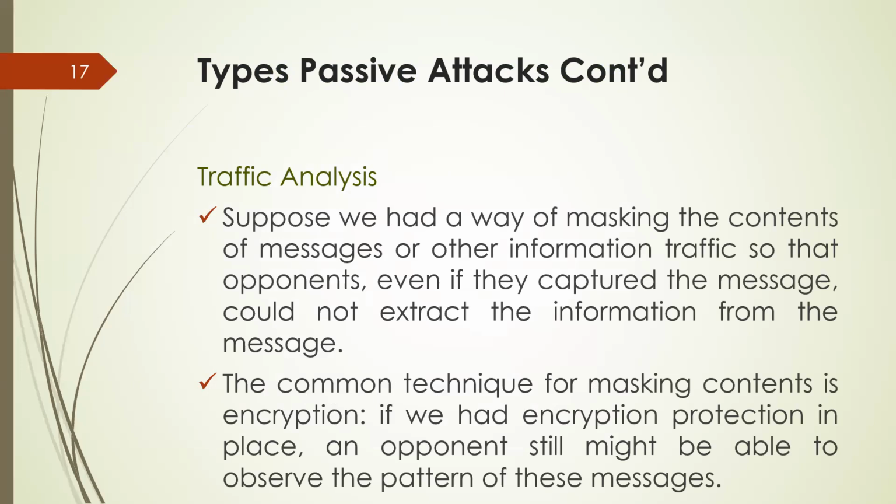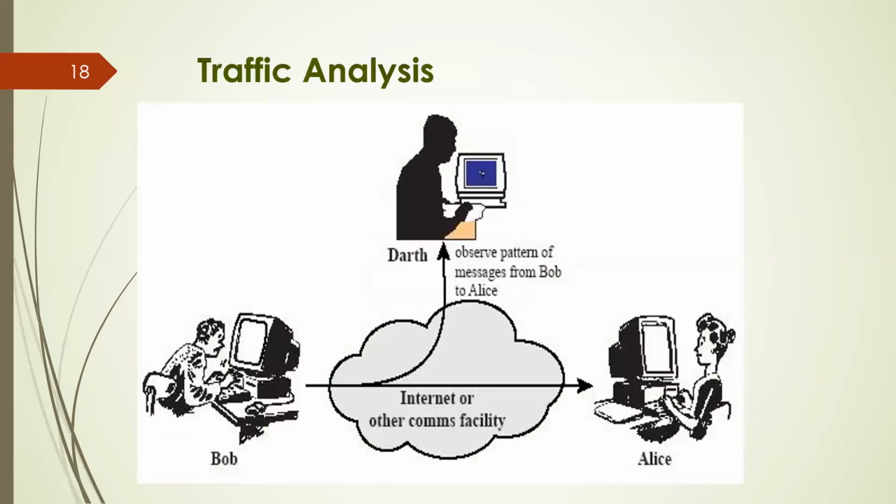We don't want information in transit to be easily picked. And that is why we always ensure that the information is encrypted and securely saved such that no one can pick it. Passive attackers, two types: releasing of content and also traffic analysis.